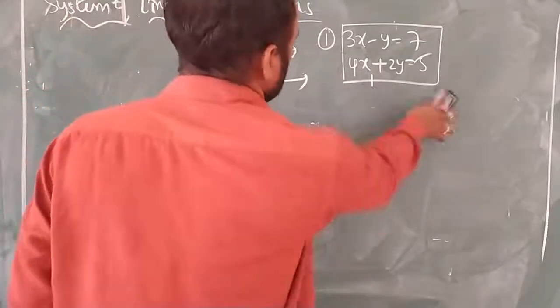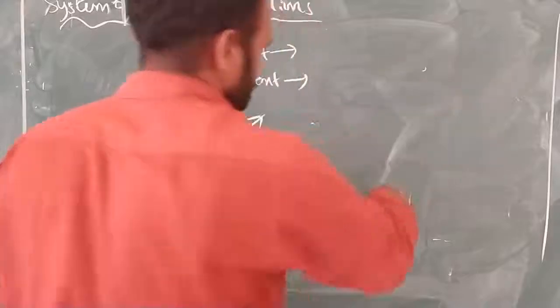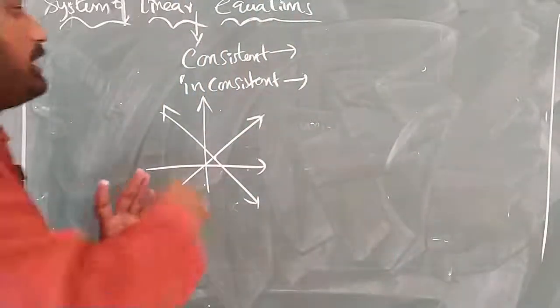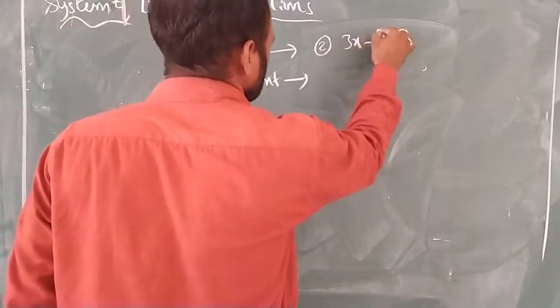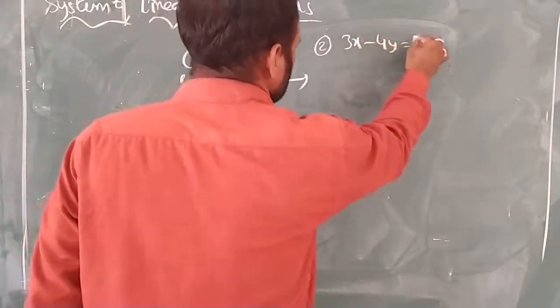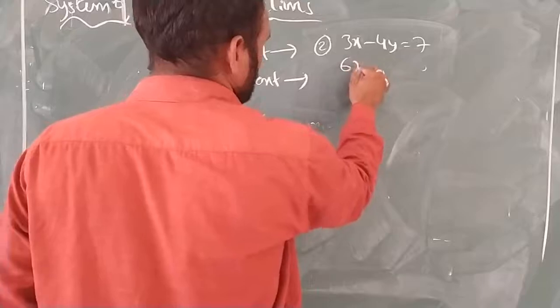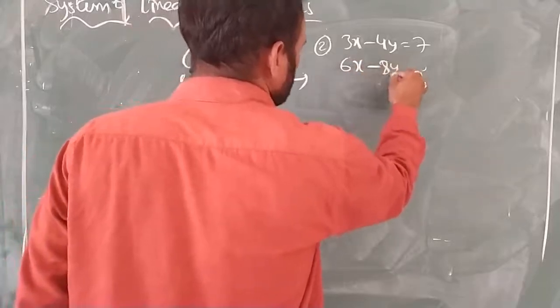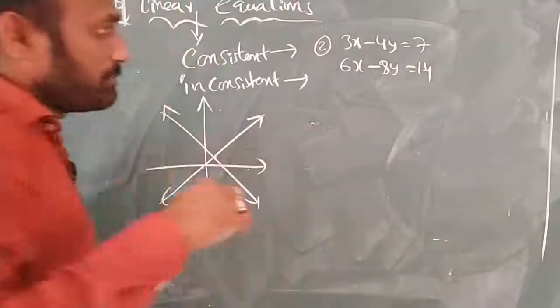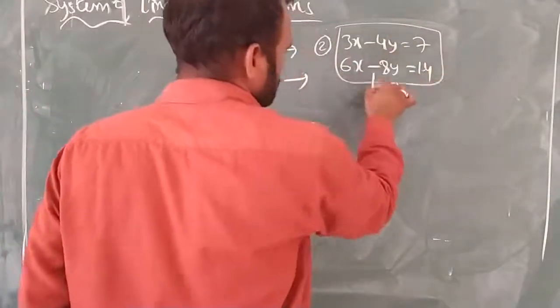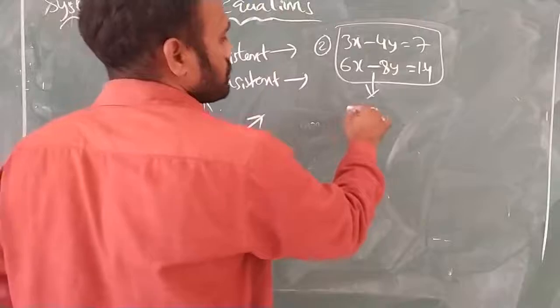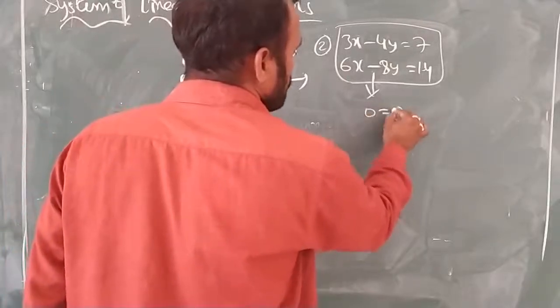So let us take another equation here. If you observe here, if you solve these two equations, we will get 0 equals 0.